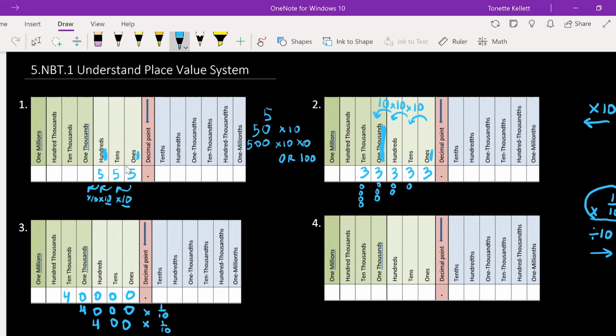But from this 10,000ths place to this hundreds place, we moved 2 times. So it was times 1/10 times 1/10.